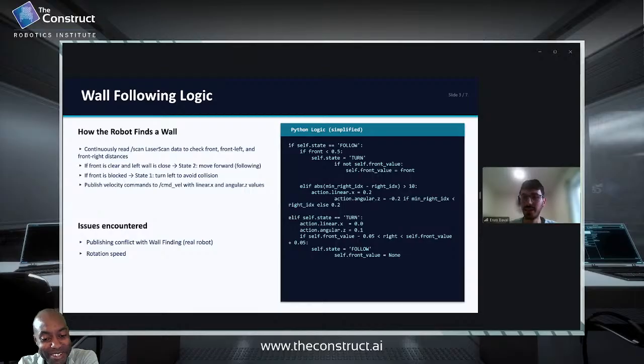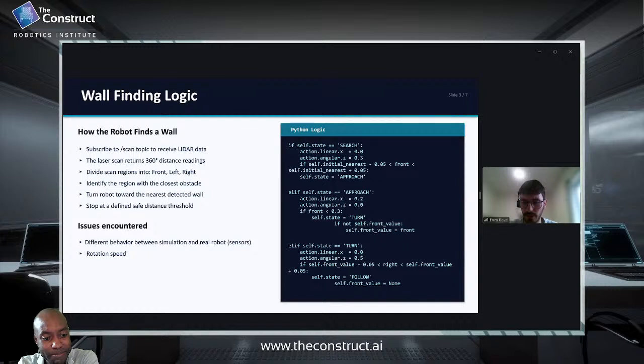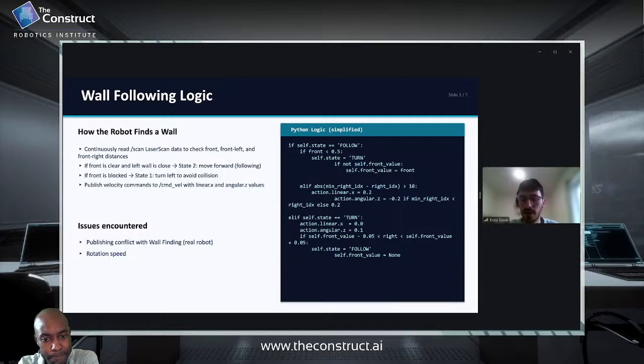So what did you fix? What I've done is that when the wall finding job has ended, so basically when we are in the state follow, I unsubscribe the wall finding algorithm from the velocity topic, so it won't publish anymore on the topic.